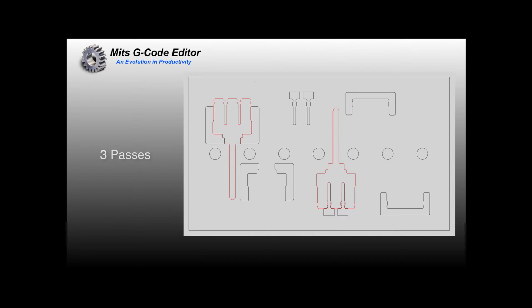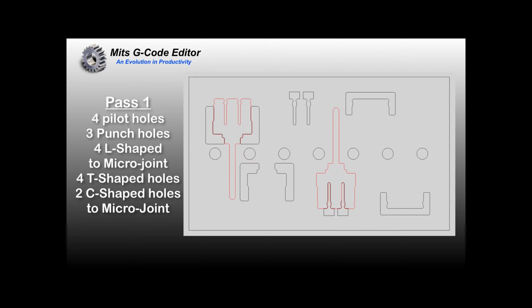This will be accomplished in 3 passes. Pass 1 will include the 4 pilot holes to completion, the 3 punch holes to completion, the 4 L-shaped holes up to the micro joint, the 4 T-shaped holes to completion, and the 2 C-shaped holes up to the micro joint.